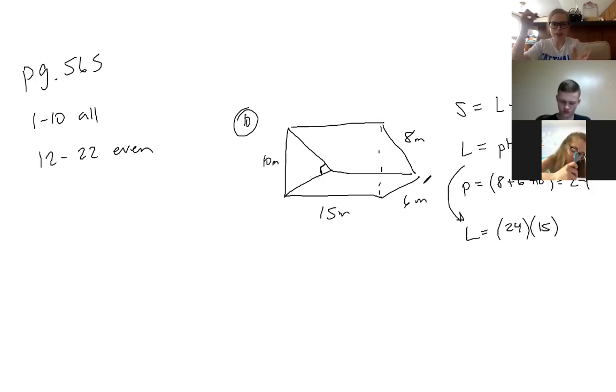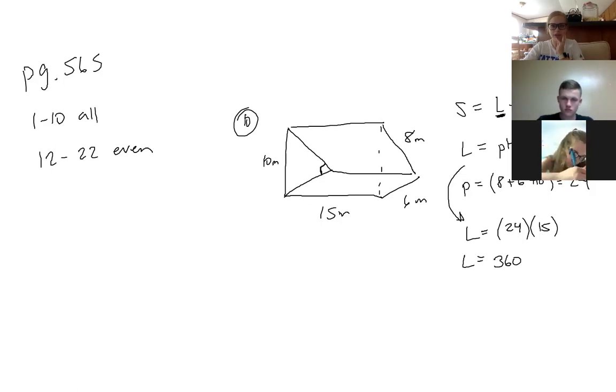It's just turned on its side. It's okay that it's not a vertical one. So the height is 15. So what is my lateral surface area then? 24 times 15, what is that? 360. 360, okay. So my lateral surface area, I've got that.